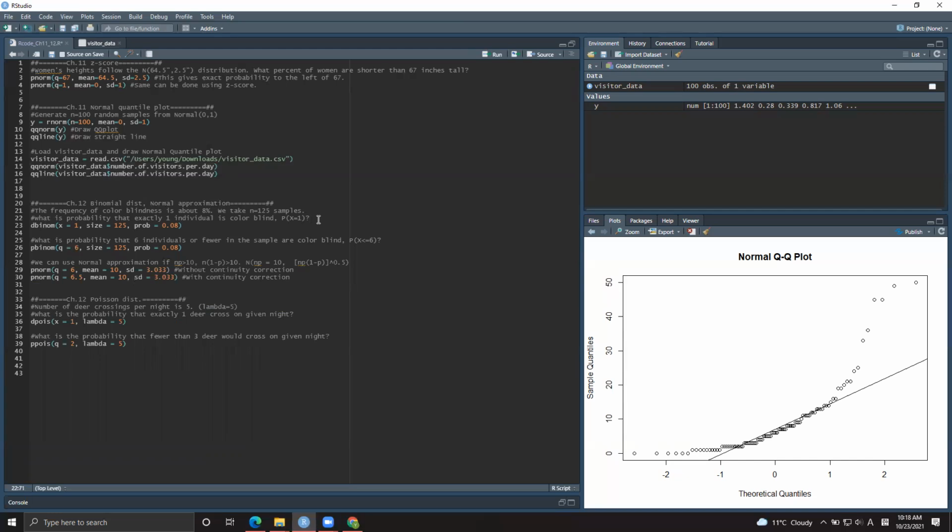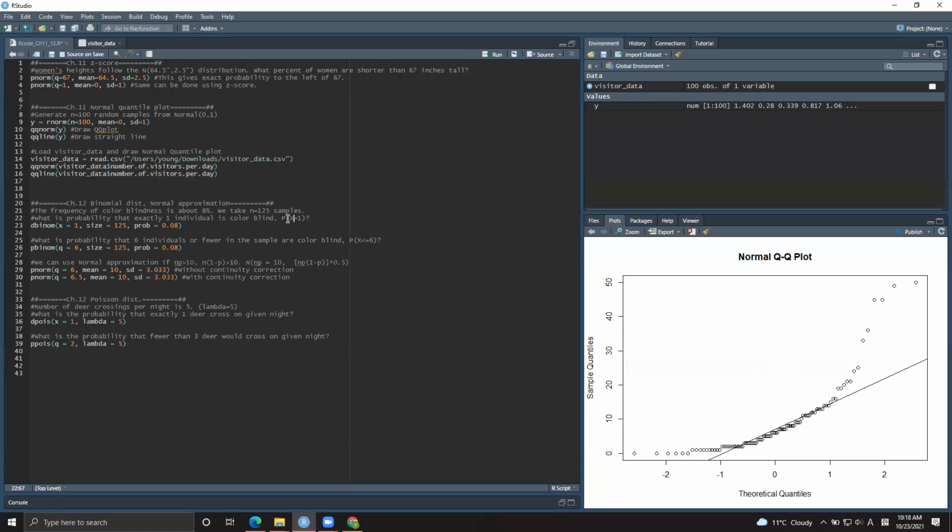We know the binomial distribution, so we can use X to represent this binomial distribution. The probability of X equals 1 represents your X, which is your random variable.